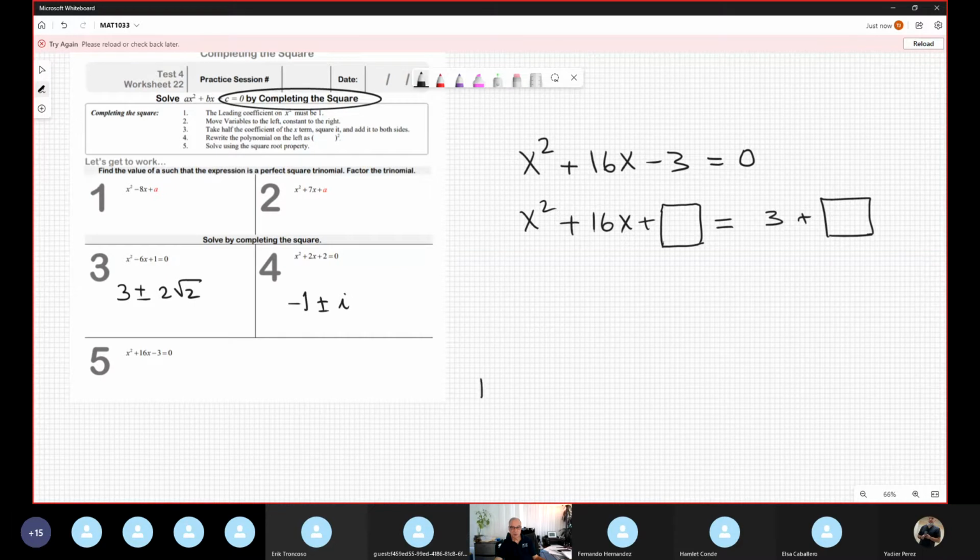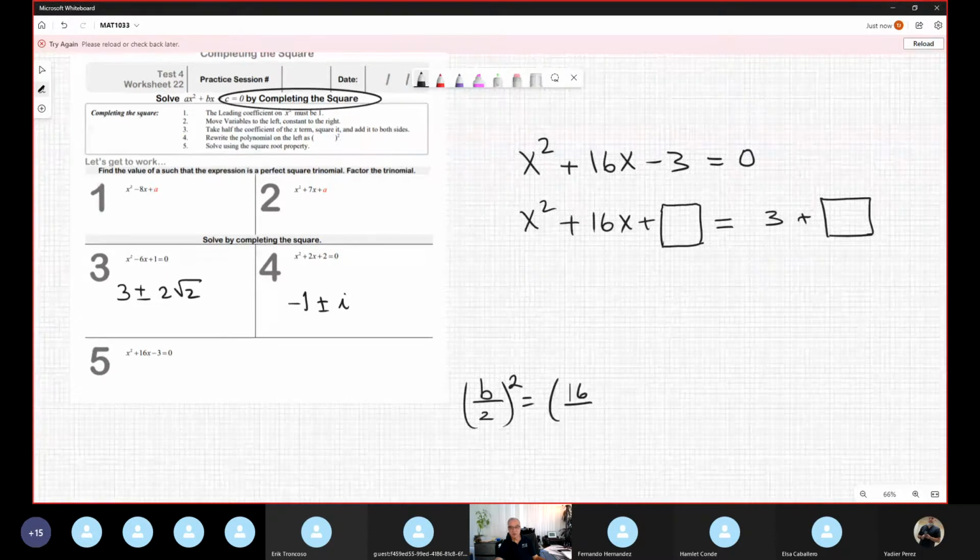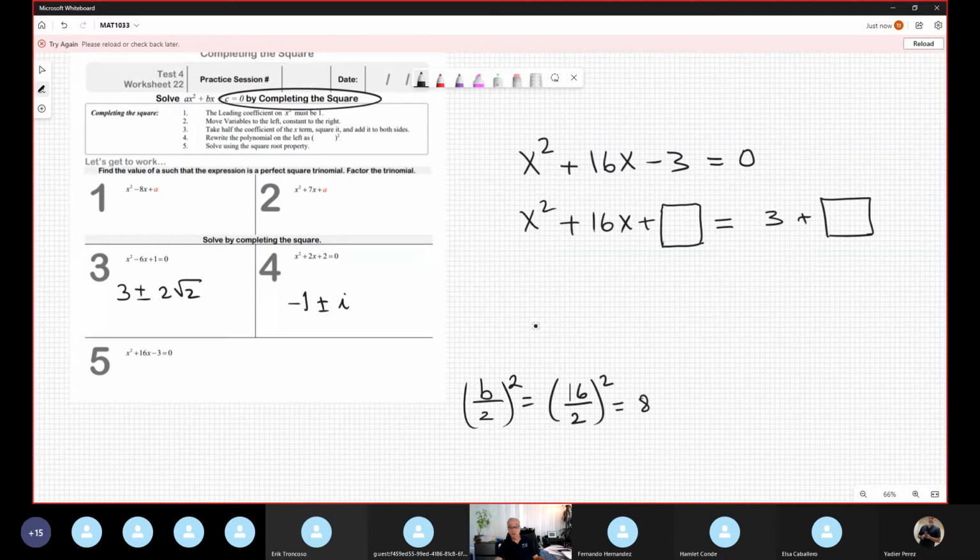And the formula is b over 2 squared. Like in our specific example, b is 16. 16 over 2 squared. 16 over 2 is 8, and 8 squared is 64. This is the magic number, 64, 64.